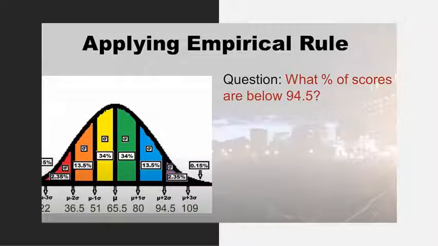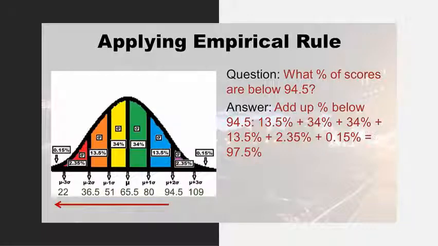What's another one? What percent of scores are below 94.5? So here's 94.5. What percent is below that? This is the cutoff for 94.5, and it would be everything going this way. What percentage is all of this?